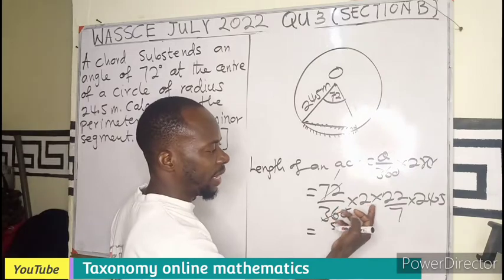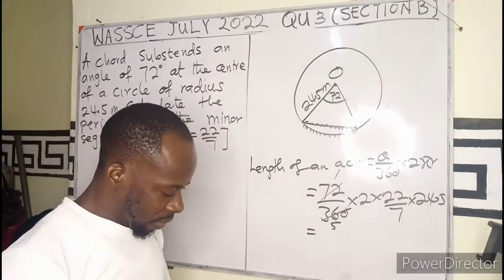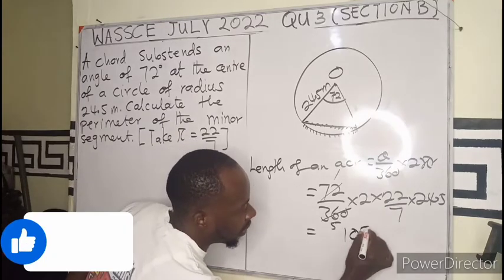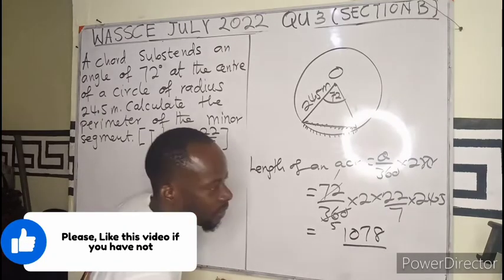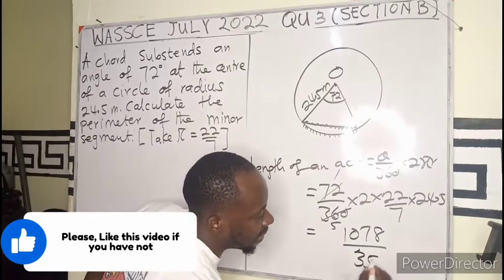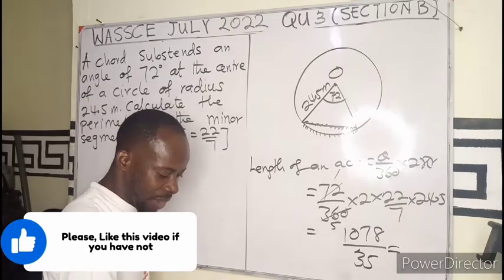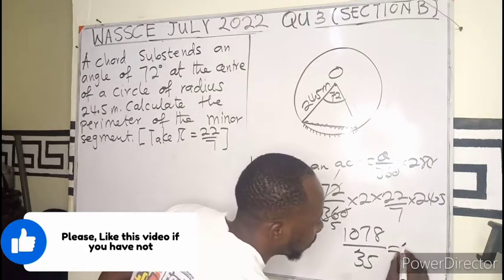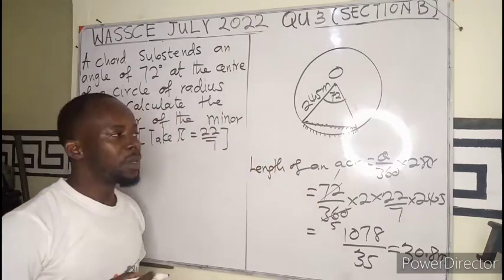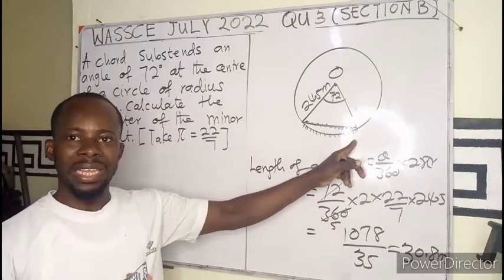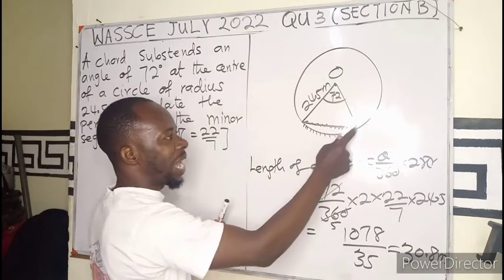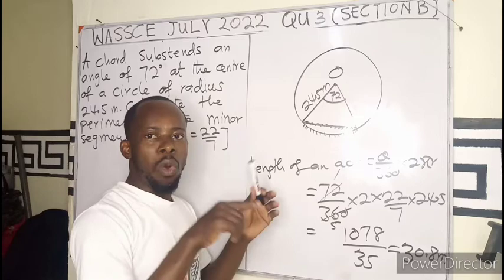If you multiply this by this by this, we have 1778. Don't forget this 5 will also multiply 7 to give us 35. And per that calculation, we have 30.8 meters. Meaning the length of this arc is 30.8 meters. We are going to add that to the length of the chord.